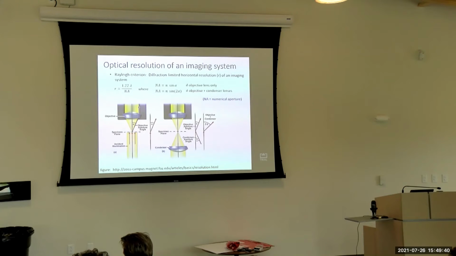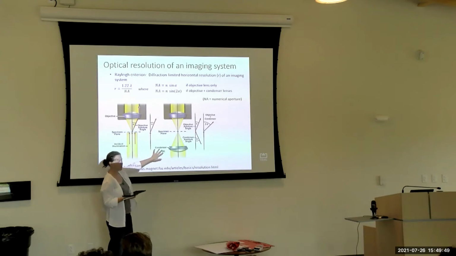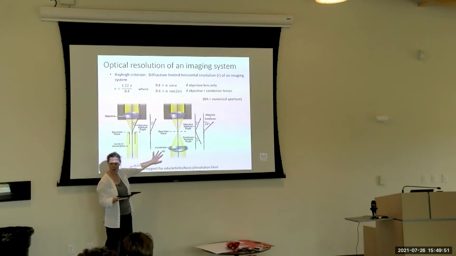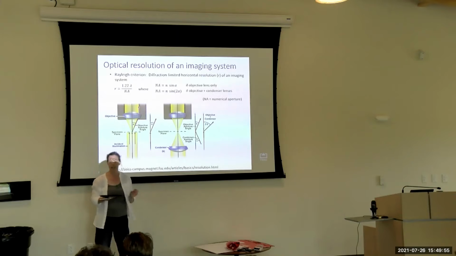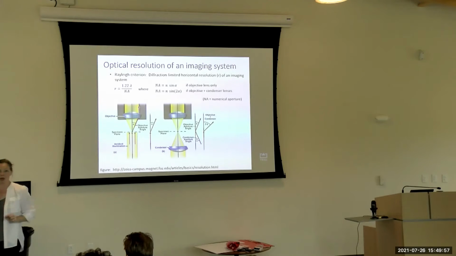If you think about either just the objective lens's aperture angle, or, in some microscope systems and some imaging systems used in oceanography in situ, there's also a condenser lens focusing the incident light down on the specimen plane as well. Those angles are what govern the size of what's called the numerical aperture.